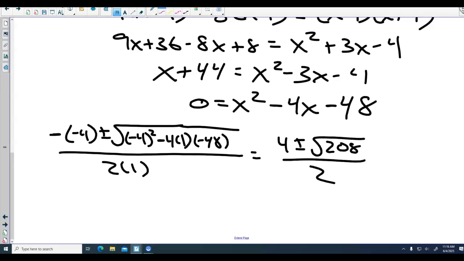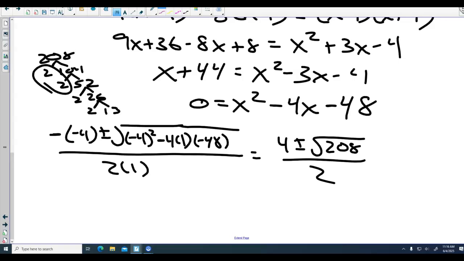The square, 16 and 4 times 48 is 192. 192 and 16 is 208. You would have to break down the 208. 2 and 104. 2 and 52. 2 and 26. 2 and 13.